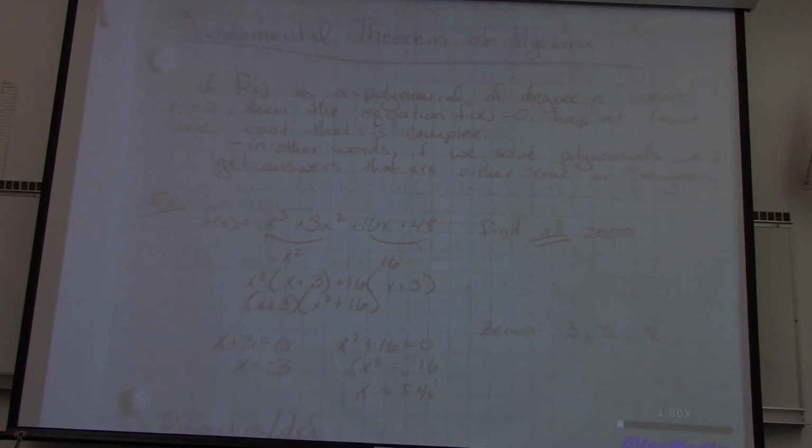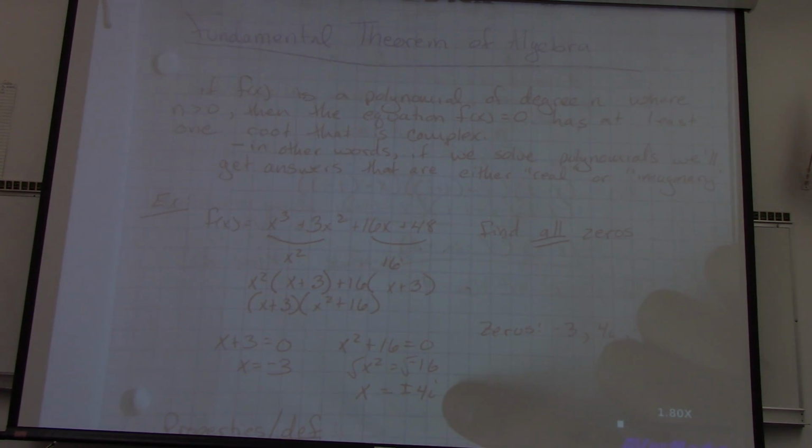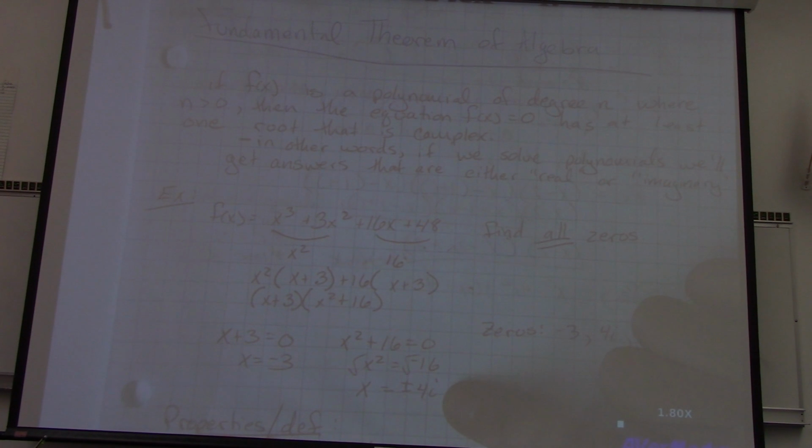I square root a negative, right? When I square root a negative, how many answers did I get? 2. I got a positive one and a negative one. If you get a square root out of the quadratic formula, you still have 2 imaginaries. You have one with the plus square root, one with the minus square root. So we have a property.